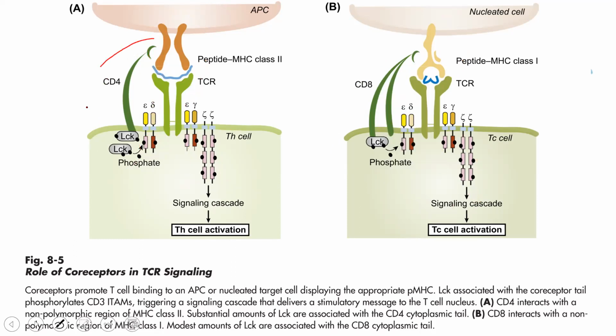So as you can see by this structure, the CD4 molecule is recognizing the MHC class 2 molecule, and the CD8 is recognizing the MHC class 1 molecule. So the presence of these two co-receptors becomes very important when the question of antigen recognition is occurring.